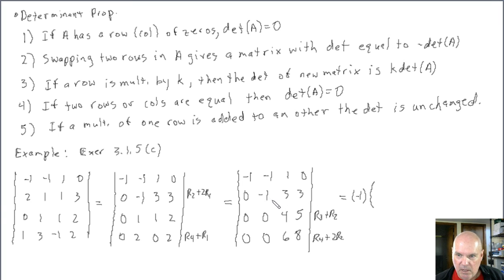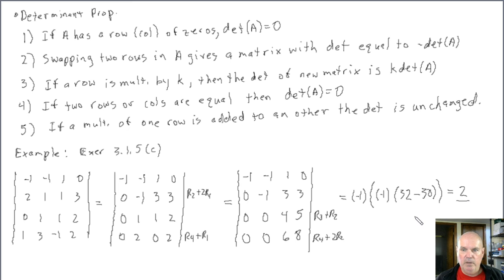This is still in a plus position, so it'd be -1, expanding along the first column. Now I've just got this 2 by 2 left: 4 times 8 is 32, 6 times 5 is 30. So that's -1 times -1, or +1, times 2.